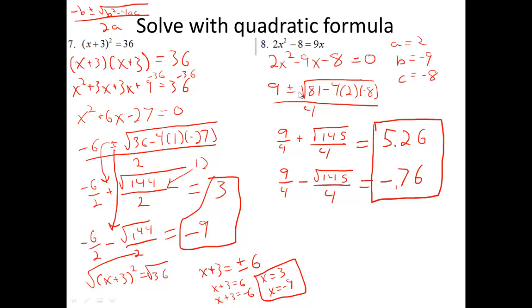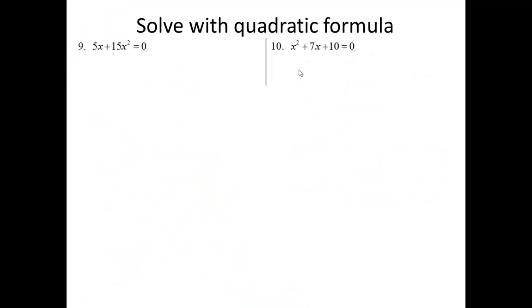This one here, there is no other way but using the quadratic formula to solve that one. Okay, so number 9, we do not have a C, we have A equals 15. Don't be confused about these two being flipped around.